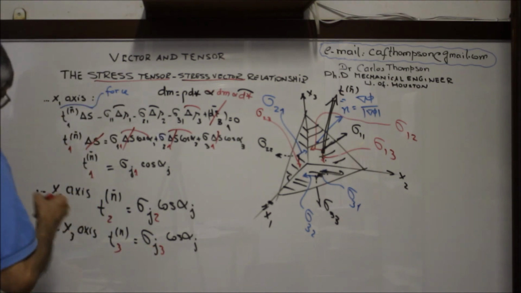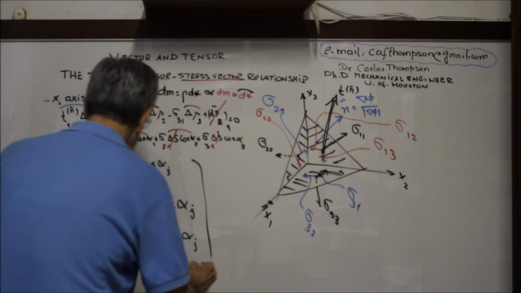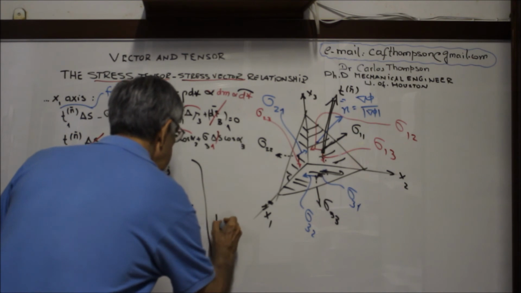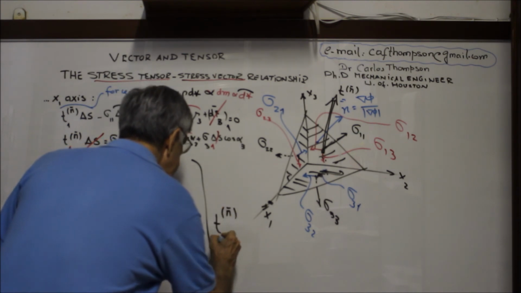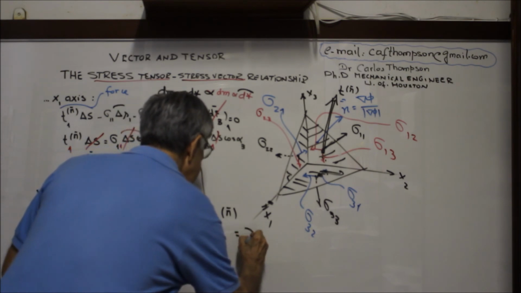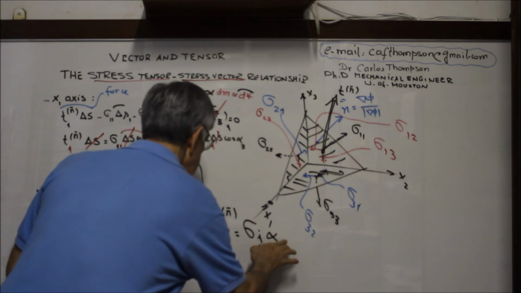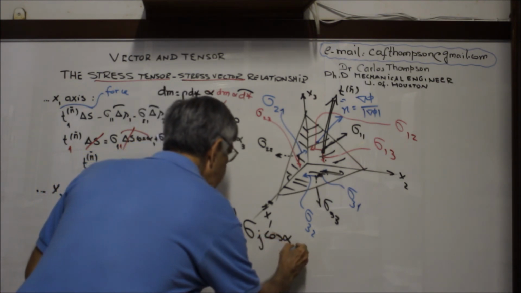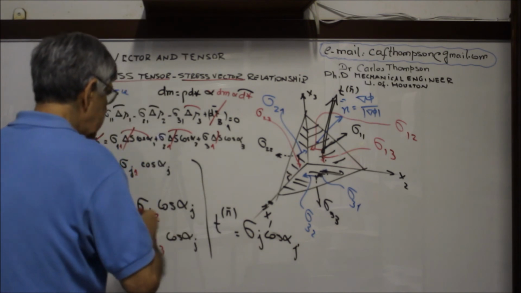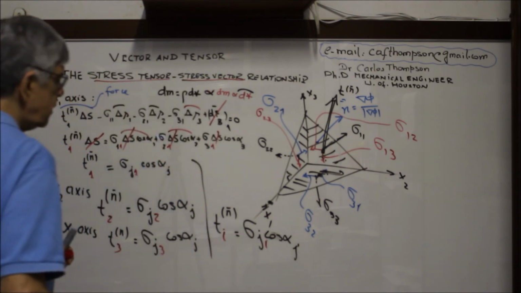So we can write in general T n i is equal to sigma j i cosine alpha j, with index i.